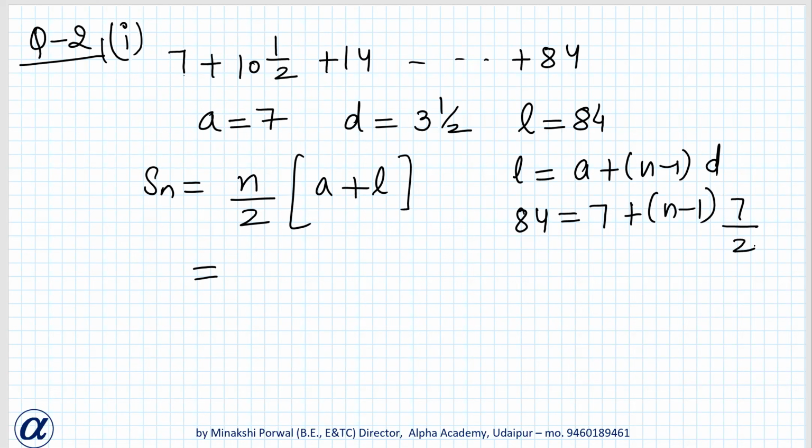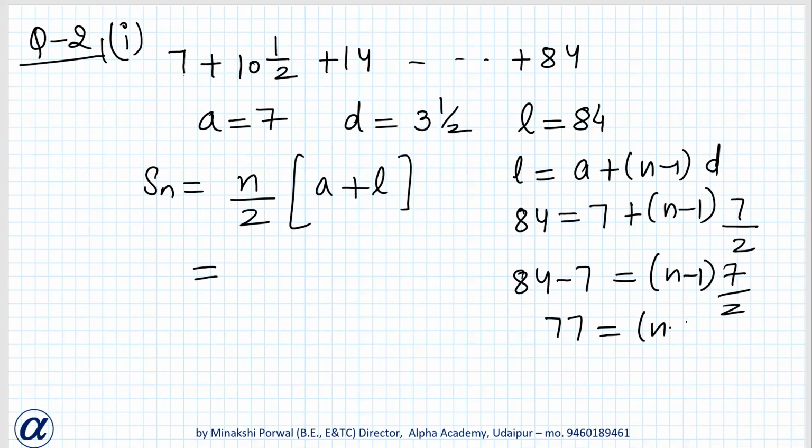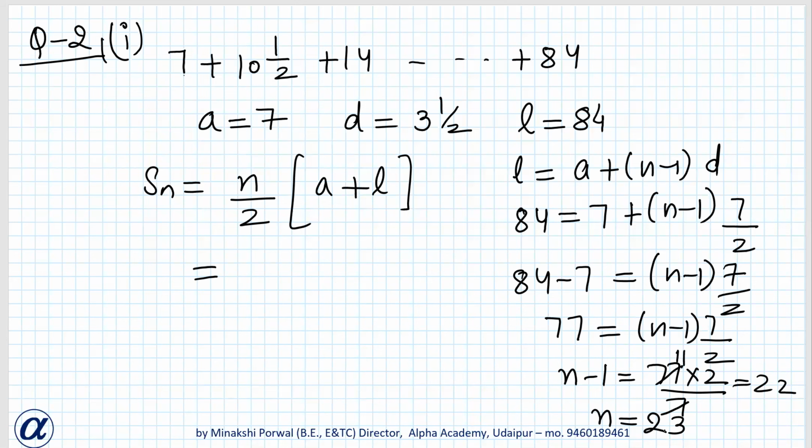So 84 minus 7 equals n minus 1 into 7 by 2. 84 minus 7 is 77. So 77 equals n minus 1 into 7 by 2. So n minus 1 equals 77 into 2 upon 7. That is equal to 11 2s are 22. So n is 23. We got n here.